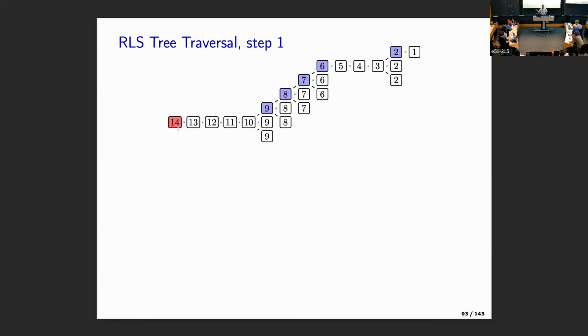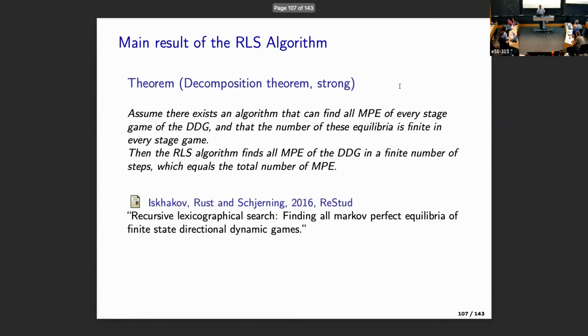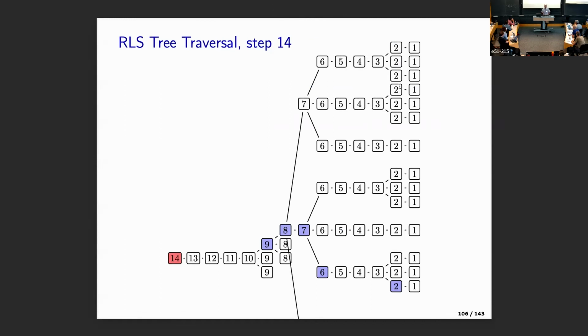And then all you have to do is to come back to the last branching, like here, for example, it comes back to this point over here, and continue to extend the branches as we go. And so this is essentially the RLS algorithm, which, after a few years working on it, turned out to be a very, very simple tree traversal. So a lesson here is that it's very good to think about your problem in unusual settings and transform it to something that might be already solved.